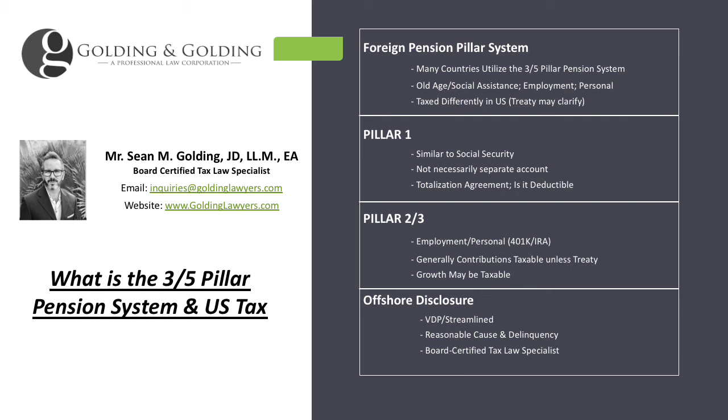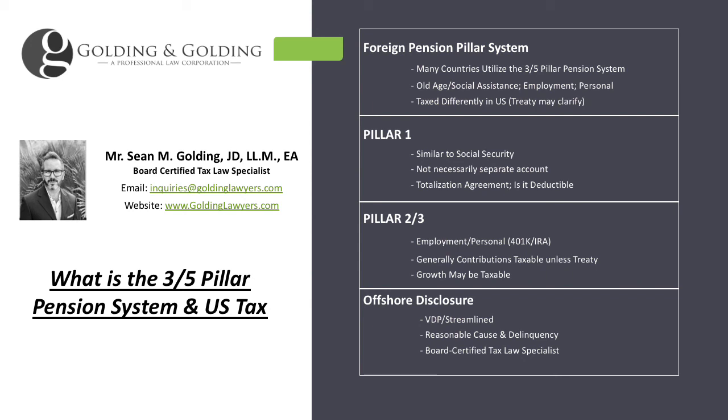Okay. When it comes to the reporting, it generally goes on the same common forms that you would find for any foreign bank account. You've got your FBAR, foreign bank and financial account reporting, FinCEN Form 114. You've got FATCA Form 8938.